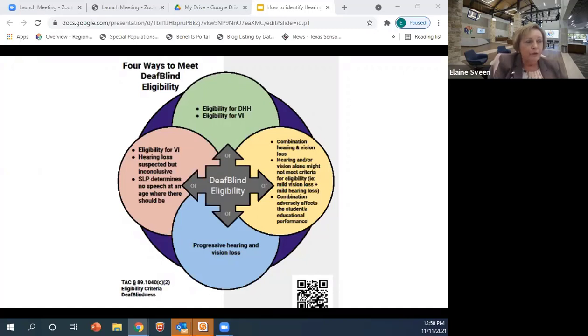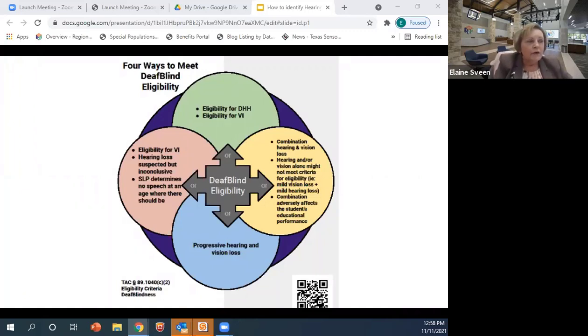In the blue, a progressive hearing and vision loss, anytime you have both of those going on, like if you have a child with Usher's, then they automatically qualify as being eligible as deafblind.